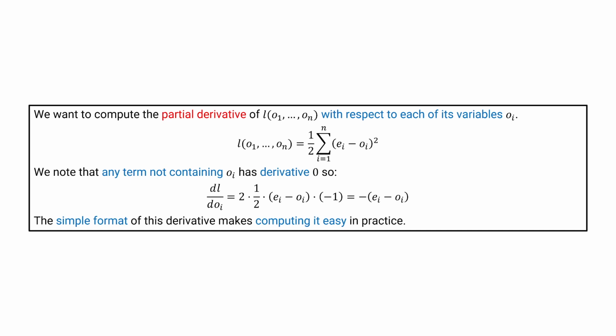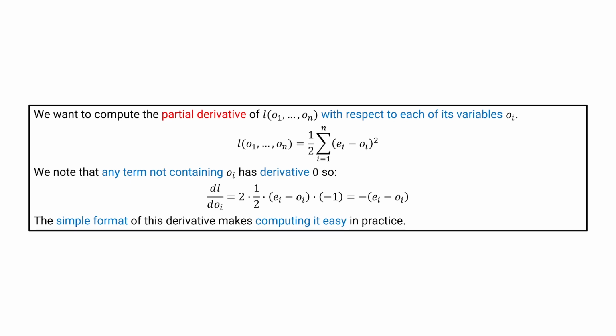So it turns out one of the other reasons we like using this particular loss function is it means the value we need to compute for the derivative, the slope of this particular part of the function, is just that straightforward error, the difference between the output of the neuron and its expected output.